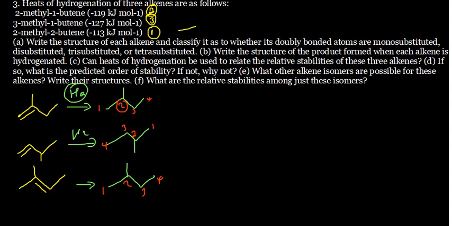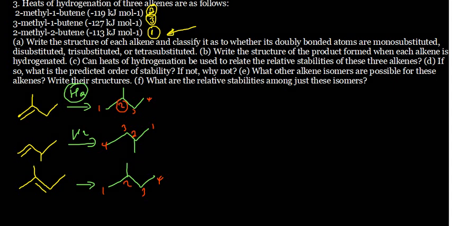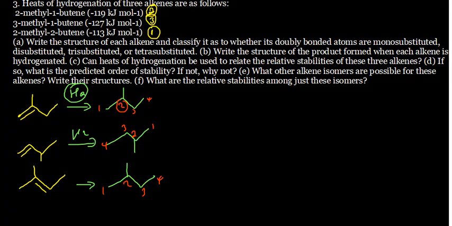So this one is going to be the most stable because it has got a higher heat of hydrogenation as compared to these others. Because it has got a higher heat of hydrogenation, meaning that the way it is okay for you to add hydrogen, you are going to release more energy.